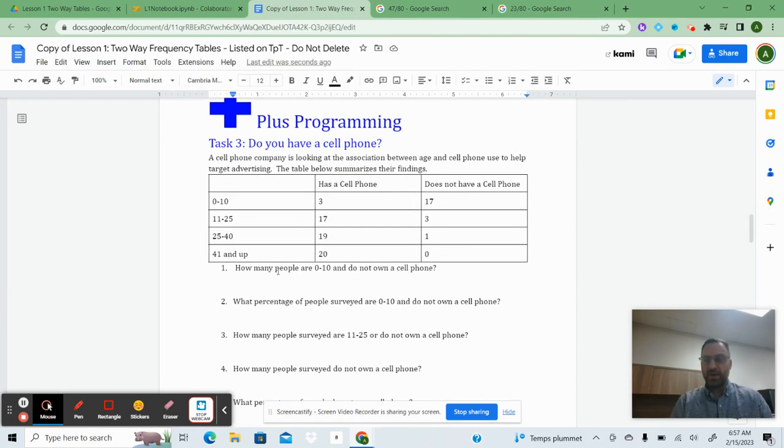Then here, how many people are between 0 and 10 and do not have a cell phone? That would be 17. What percentage of the people are between 0 and 10 and do not have a cell phone? Here we have 17, and then what I need to do is add up the total of all of those.